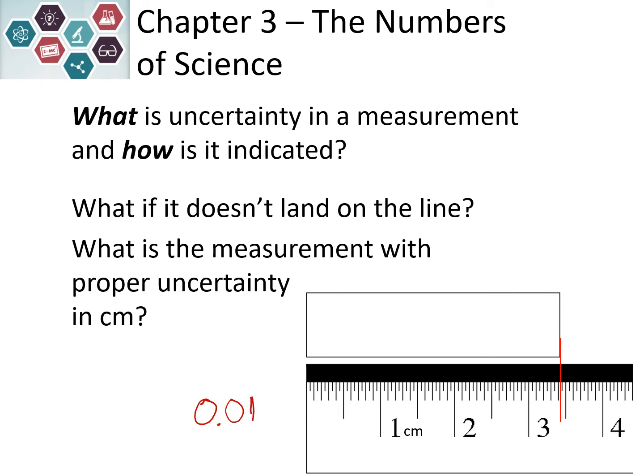So even though we have a few more marks on this ruler, our uncertainty remains the same because it's not equally split into 10 equal spots between the tenths place. So our uncertainty is still in the hundredths place.